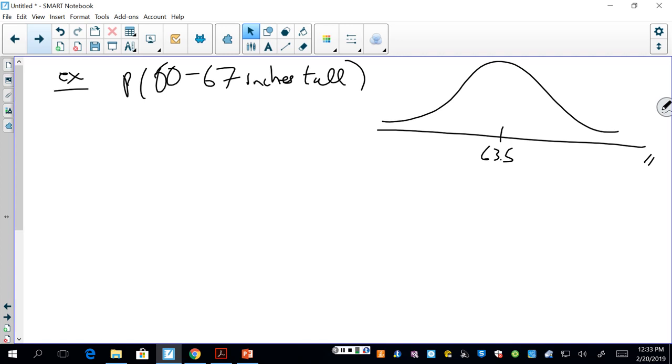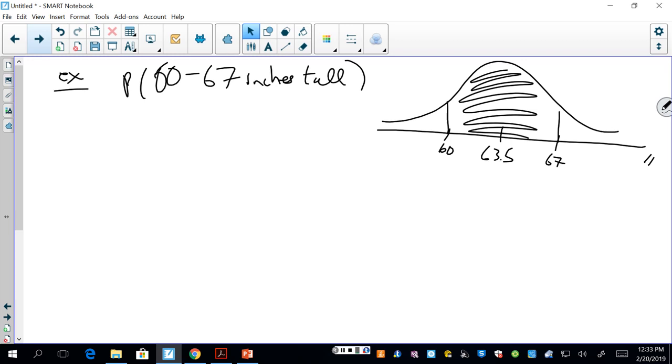And now 68 was out here at 2 standard deviations, so it's going to be somewhat less than that. So here's 67. I've chosen equal distances from these 2 things as this example. There's no reason you necessarily have to do that. So what we're going to ask is, what's the chance that the woman is between these 2, which is going to be the area under the curve there.